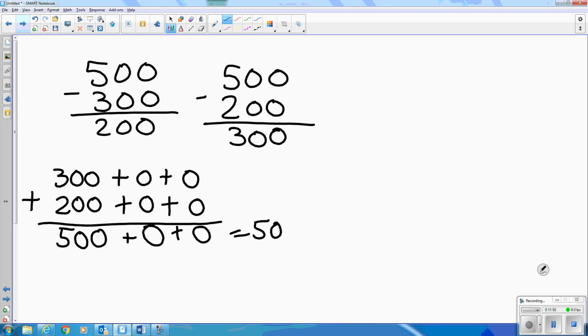What's another way? Give us another way. Number line. What would I put here? 300. Okay. How would I prove that our answer is 500? What could I do, Tyra?